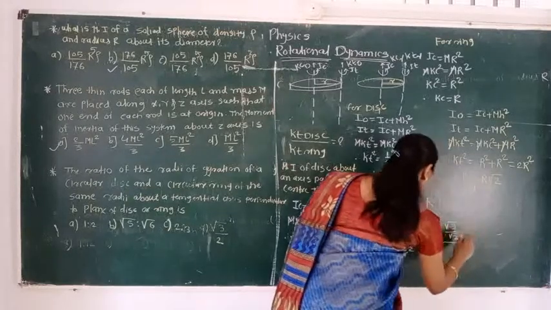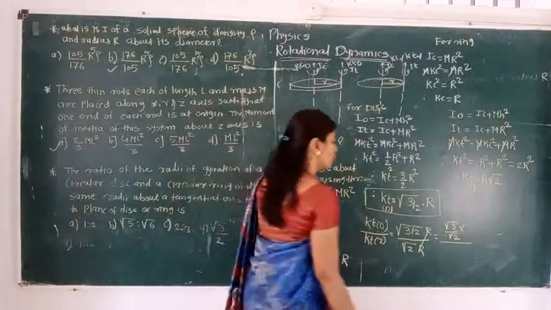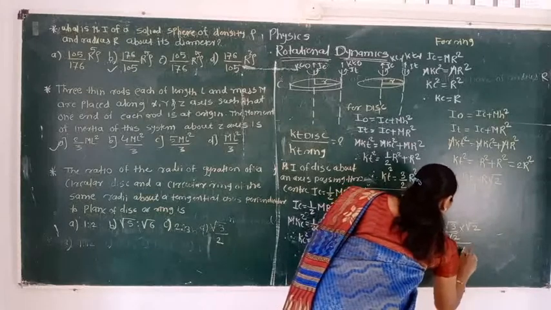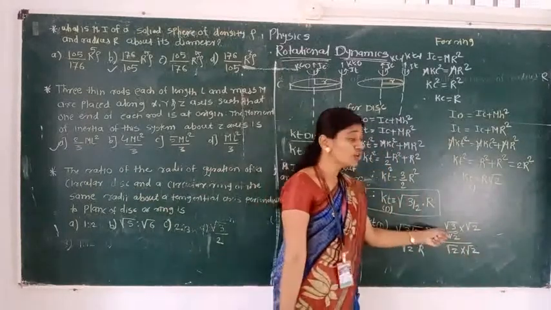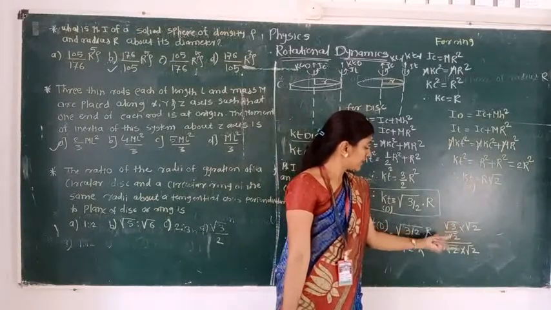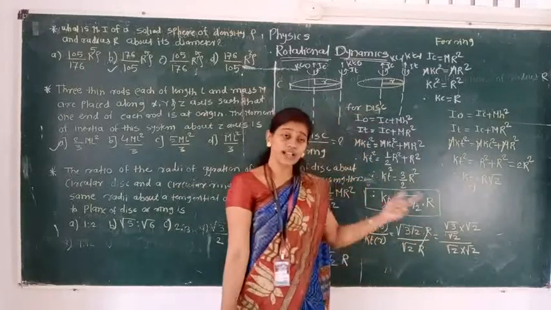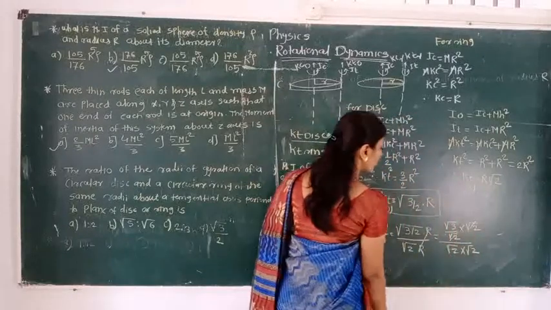When we multiply numerator and denominator by root 2, one fraction is present in the numerator and another fraction in the denominator, so that root 2 in both is going to cancel.